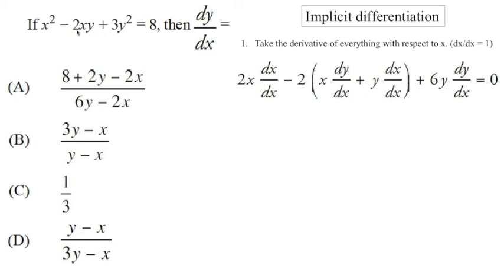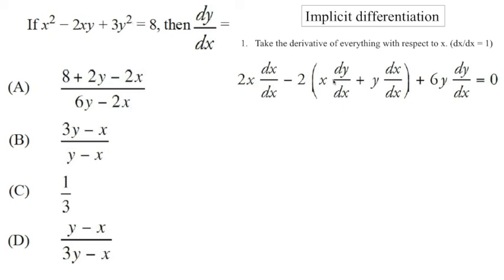So the derivative with respect to x of this term is negative 2 times the sum, since these are multiplied, of x dy/dx, because the derivative of y with respect to x is dy/dx. And we're going to add to that y times dx/dx, because the derivative of x with respect to x is 1. And then we get plus, we take that exponent, move it down here, and we get 2 times 3 equals 6.